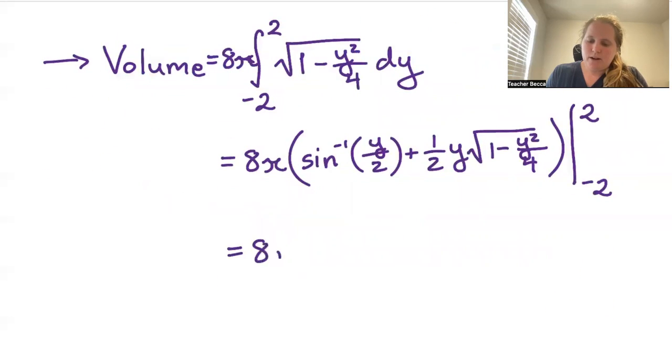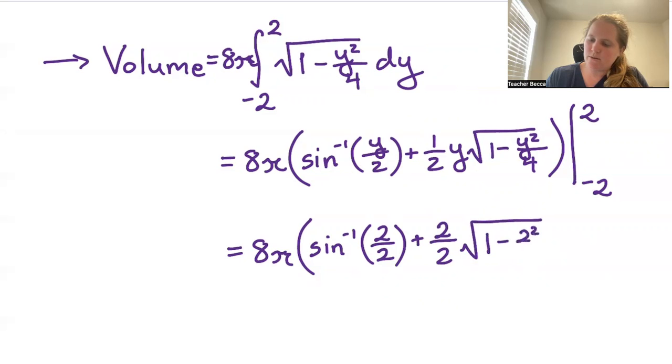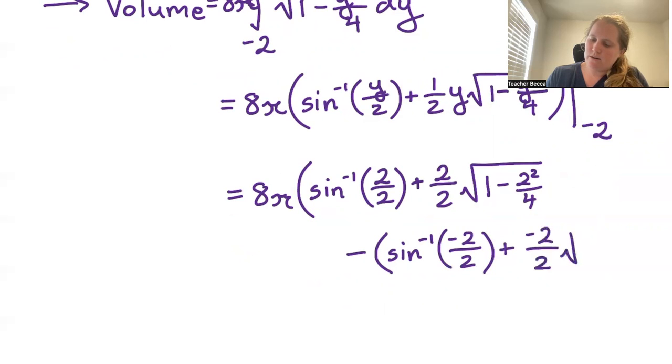This becomes 8 pi times sine inverse of 2 over 2 plus 2 over 2 times the square root of 1 minus 2 squared over 4. And we subtract off sine inverse of -2 over 2 plus -2 over 2 times the square root of 1 minus -2 squared over 4.